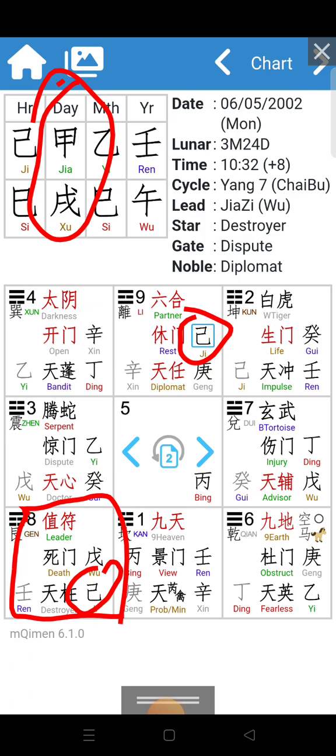Okay, so the character is leader. In box 8, there's one little symbol called the leader, or in Chinese we call it 子府. 子府 means that this person has a nobleman or multiple noblemen. So there'll be people helping him. Could be parents, could be bosses, could be customers, could be anybody. So he is able to be helped by many people.